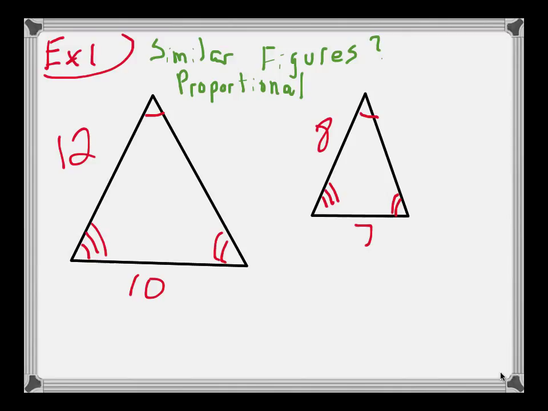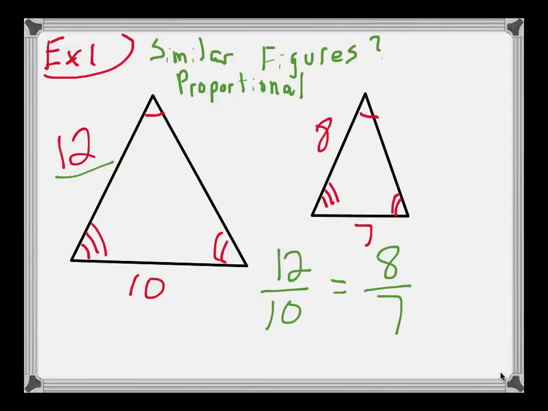Now, what I'm going to do is, they may not even give you these angle arcs. So I'm just going to concentrate on the numbers here. Let's write our ratio and proportion. I'm going to write 12 over 10, and then equals 8 over 7. Now, I know there's no variable involved.